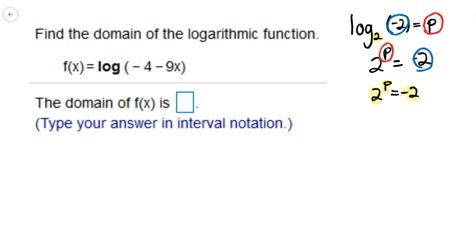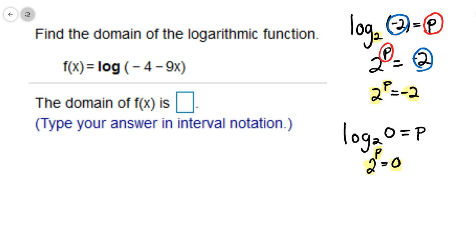We also can't take the log of 0. We have log base 2 of 0. I'm not sure what that equals. Let's rewrite it as an exponential to give us 2 to a power equals 0. We know that we can't take a positive number and raise it to a power and get an answer of 0. So logs are undefined for negative values and for 0.